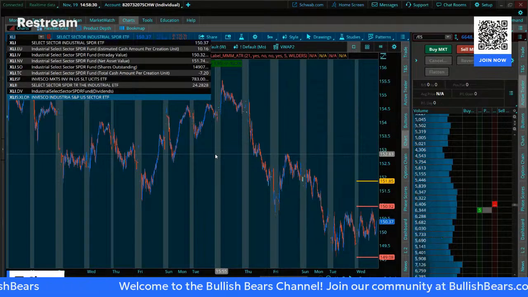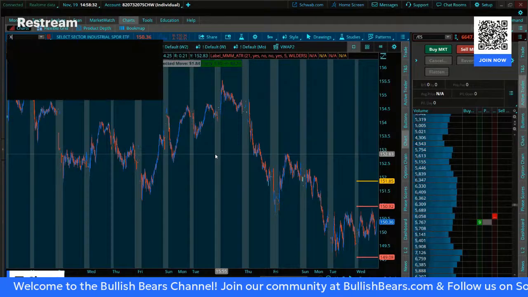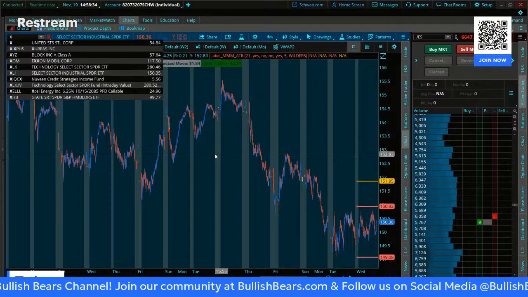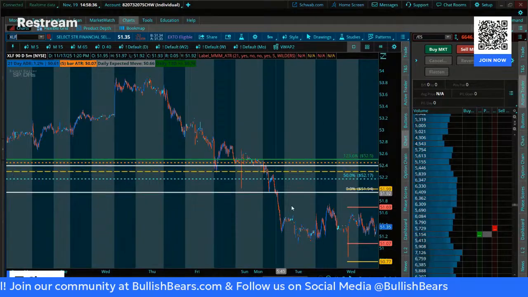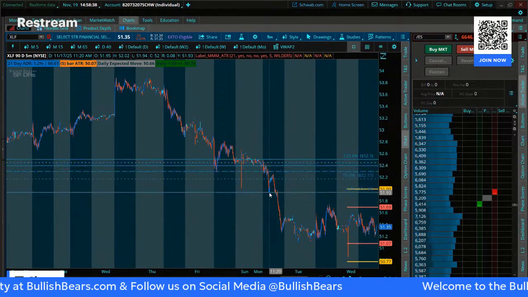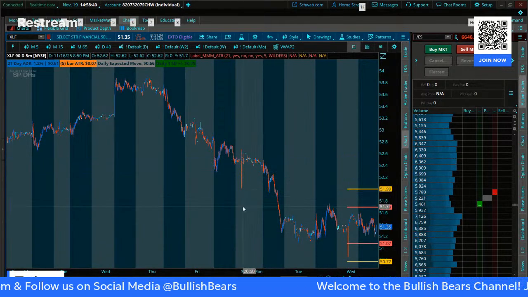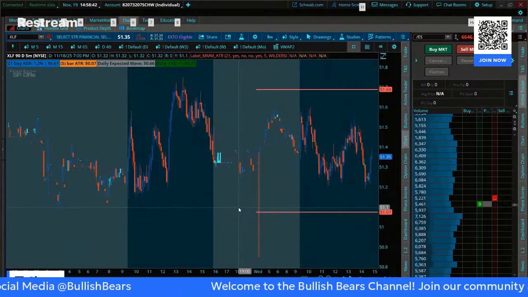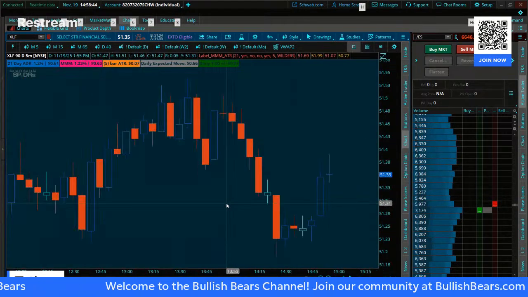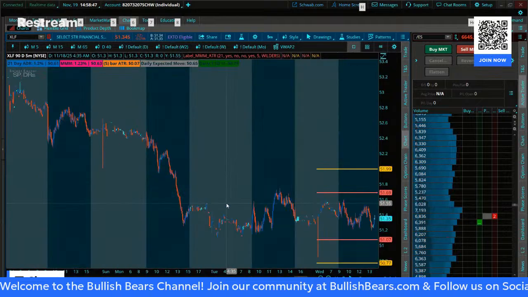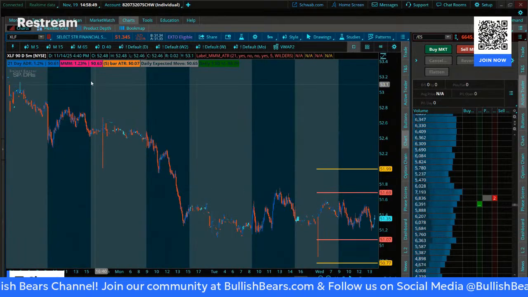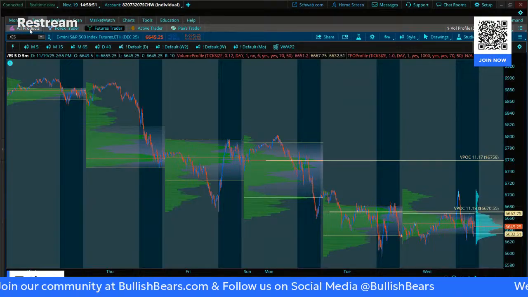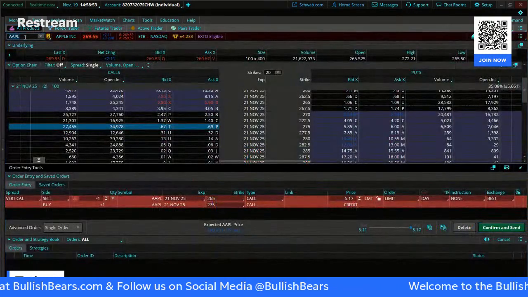Well, maybe XLB is a little much, but XLF is a cheapie, and it's the banks, right? This little booger, it can move. So it's a good one to experiment with. It's not exactly the most liquid darling in the world, but it gets the job done. And if you're wrong in here, you're not going to break the bank.